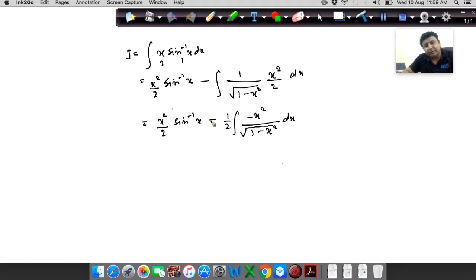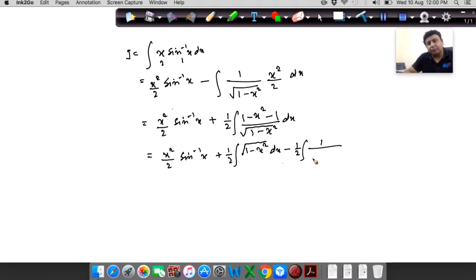So I put a minus and change the sign outside. And I need a 1. So I'll add and subtract 1. So what will happen when I split this? I'll get half of 1 minus x square upon root 1 minus x square, so that cancels to give you a root on top. And minus half, because the half goes with both.